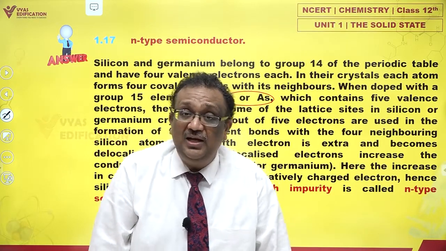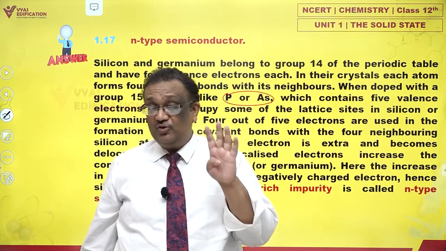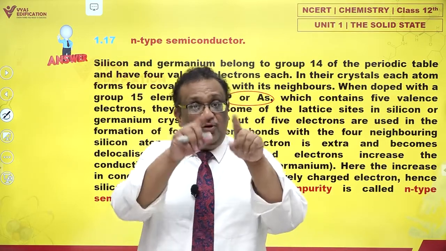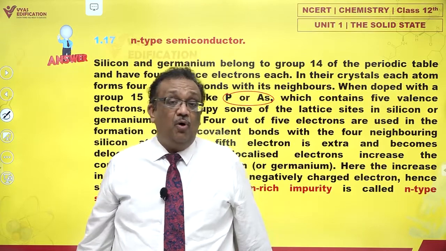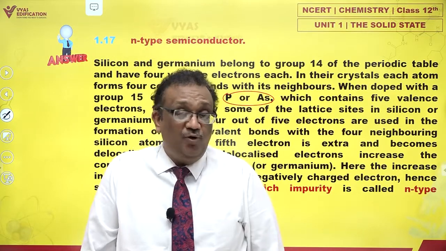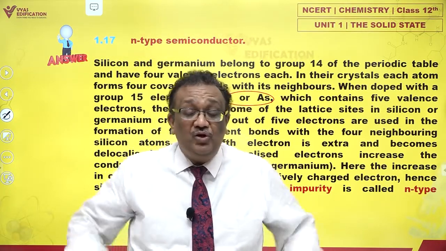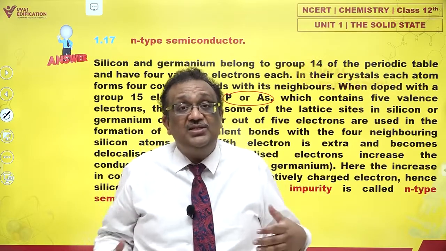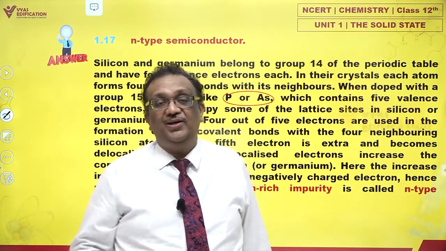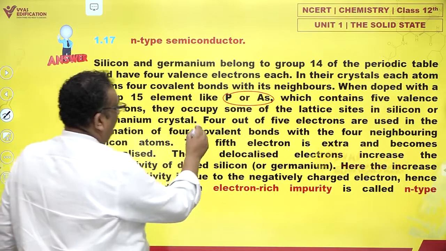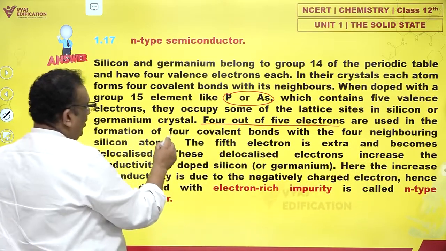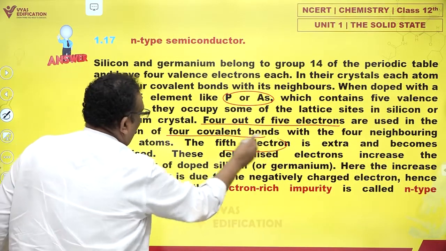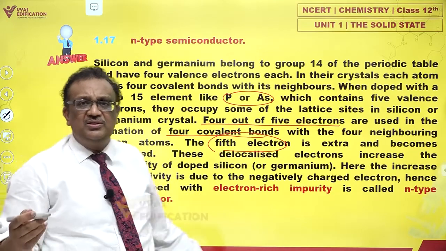Silicon had 4 valence electrons, phosphorus has 5. So 4 of them will be used for making bonds, just like silicon was making 4 bonds. But the phosphorus or arsenic or antimony atom now has 1 extra electron. 4 out of 5 are used in forming covalent bonds, and the 5th electron is useless.